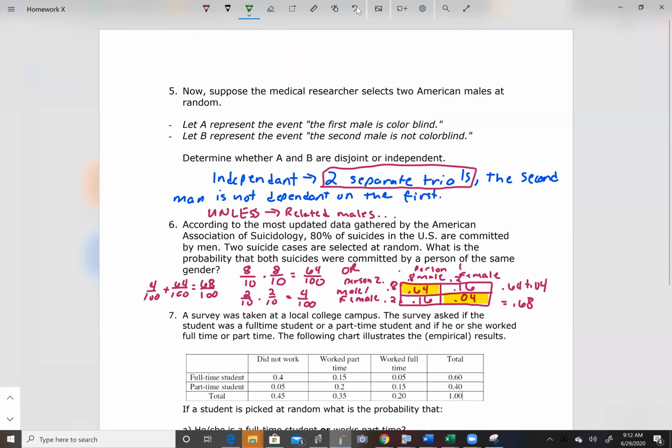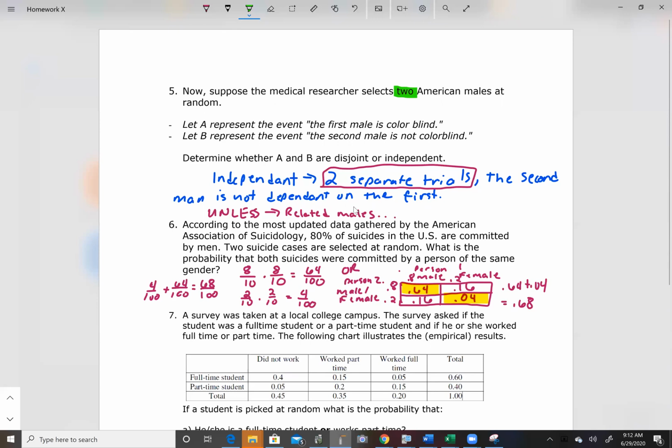But this time they want to select, here's the key word, 2 American males at random. Event A, the first male is colorblind, and event B, the second male is not colorblind. Since there are 2 trials, they are independent, right?